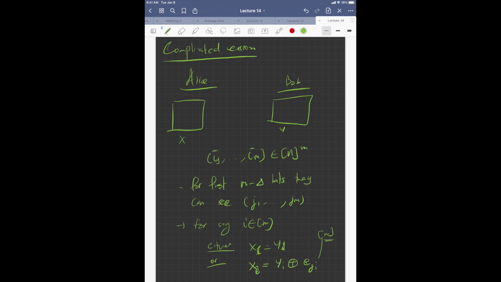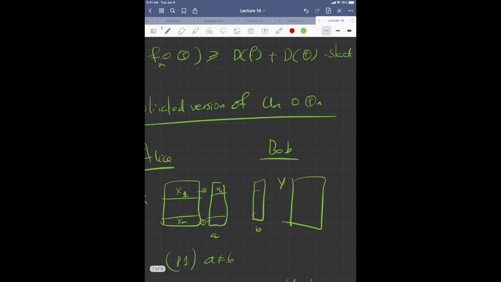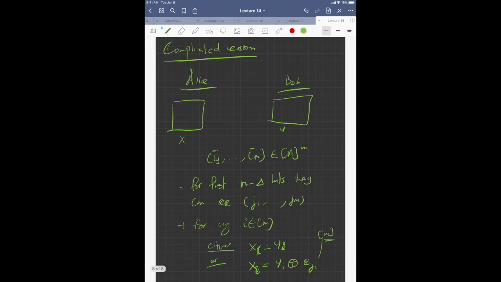And not just that. In the first stage, they have this additional information. This is a promise problem where they have essentially two promises. The one promise is from earlier: if you take the parities and compute A and B, A is different from B. But then there is this additional promise, and this is only for the first m minus delta bits.